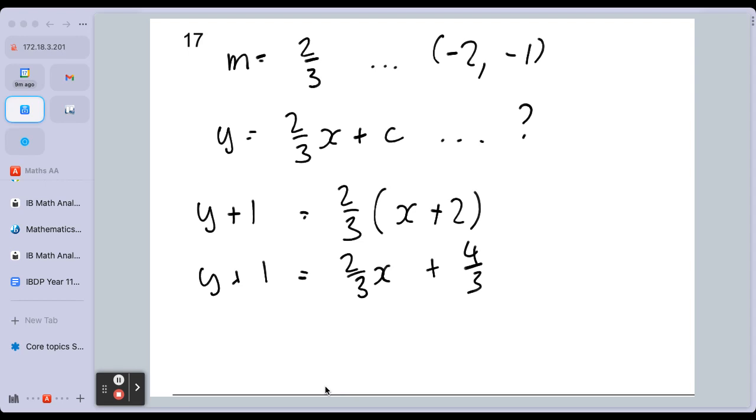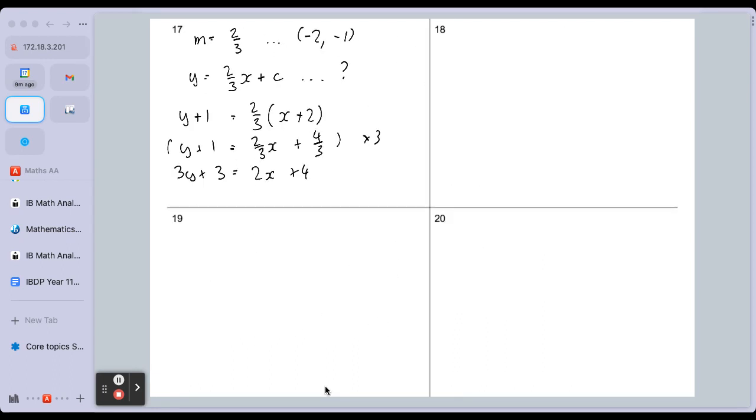Next, I would get rid of the fraction, so I'm going to multiply this entire equation by 3. I'll zoom out now so you have a bit more room to see. Is that okay?